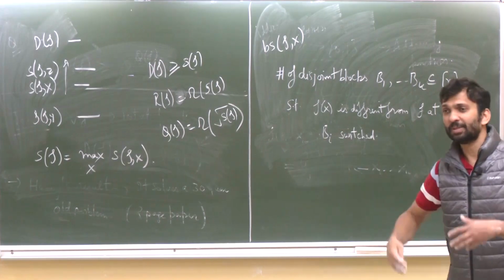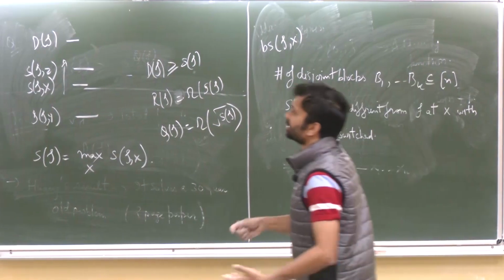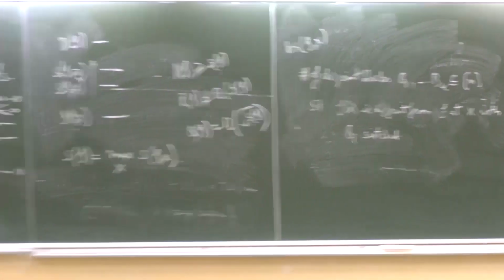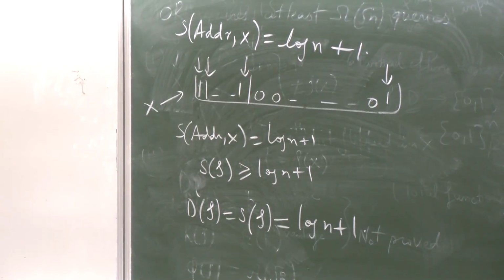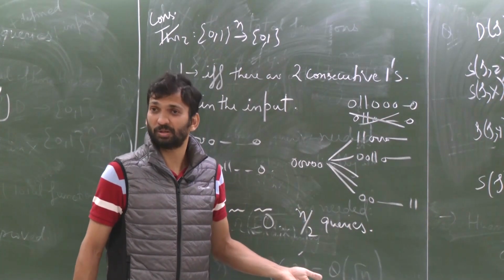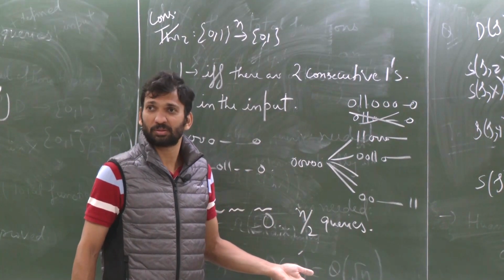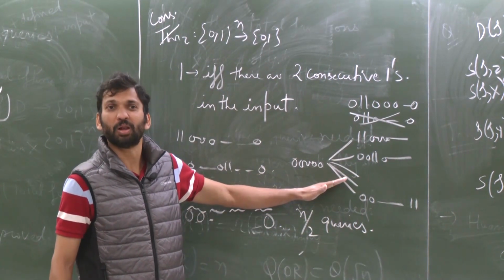Okay, so I am making my lower bound stronger and stronger. I was saying, how many bits are sensitive? Instead, I am saying, suppose I have blocks which are sensitive. Even then, I can prove a lower bound. Notice in this case, the sensitivity is small.